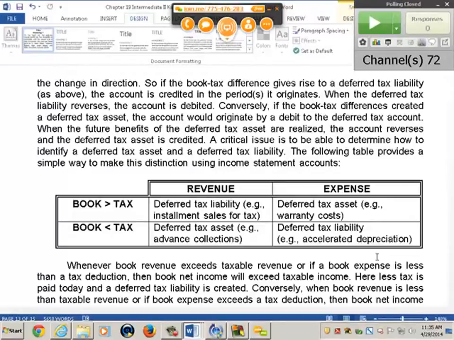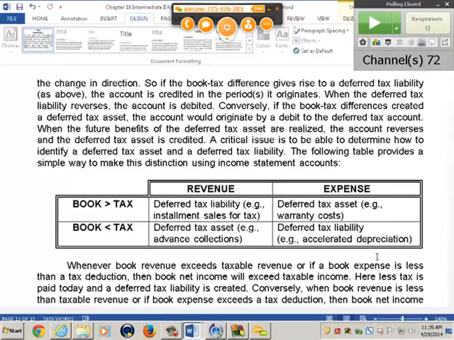Same thing here with a warranty or bad debt. If I take an expense on my books I can't take for tax purposes, I wind up, warranty example, with a deferred tax asset. I get future tax deductions. So future tax deductions are assets. Future taxable amounts are deferred liabilities.